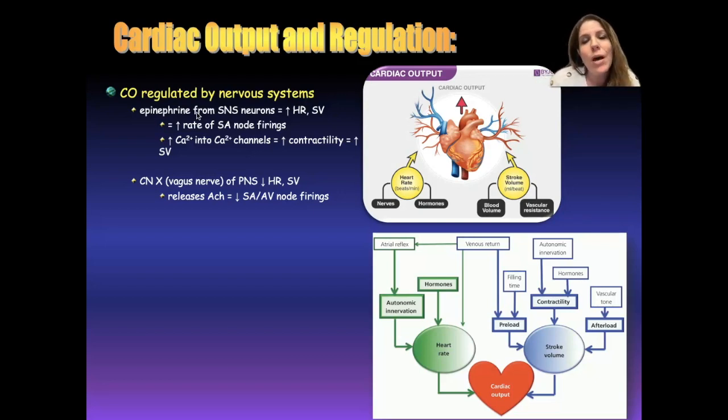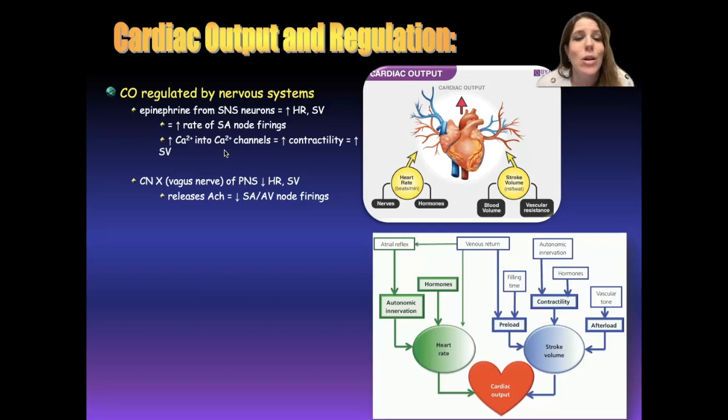So epinephrine, not only is it going to affect heart rate and the stroke volume by increasing them, but one of the ways it does that is by increasing the rate of firings, action potentials, generated by the sinoatrial node. So the more firings you have, the more those action potentials propagate through the heart, reach those contractile cells, and cause the contraction of the ventricles and eventually of all the chambers. So the more firings you have, the more stuff happens, more contractions and relaxations, and therefore more blood that gets pumped out.